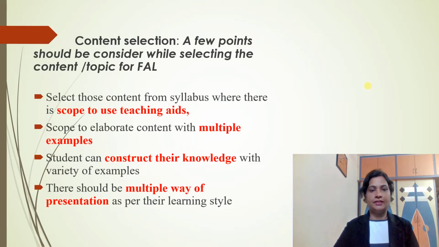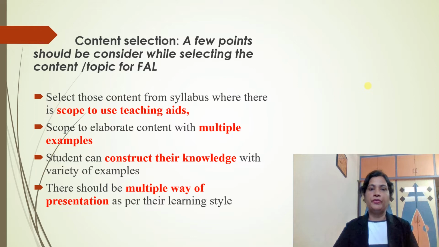While selecting content, a few points should be considered while selecting the content or any topic for implementation of the flexible approach of learning. The first point is to select those contents from the syllabus where there is scope to use various types of teaching aids.